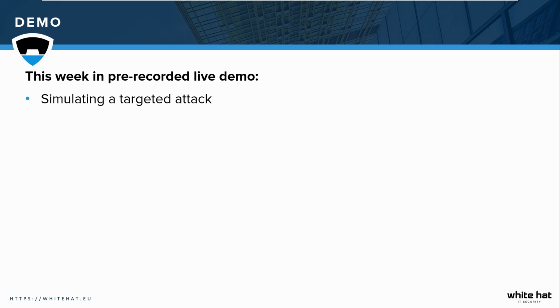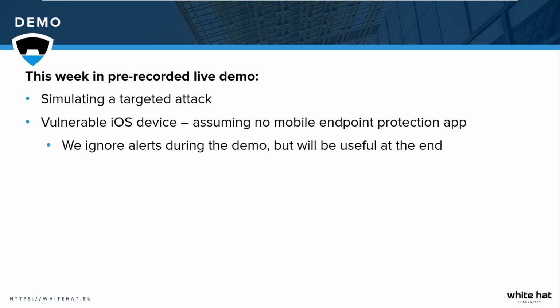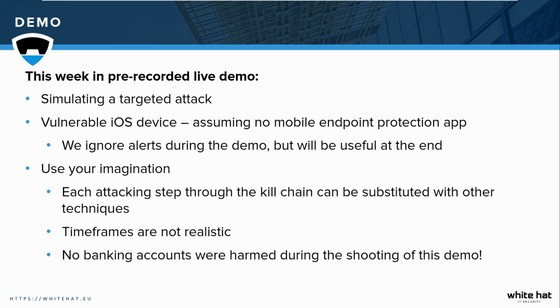This demo simulates a targeted attack where the initial access is through a rogue Wi-Fi access point and DNS spoofing. And it goes the whole way in the kill chain. We know and we can imagine most of the attacks today are not targeted and almost exclusively start with some kind of phishing and ultimately social engineering users into installing malicious apps.